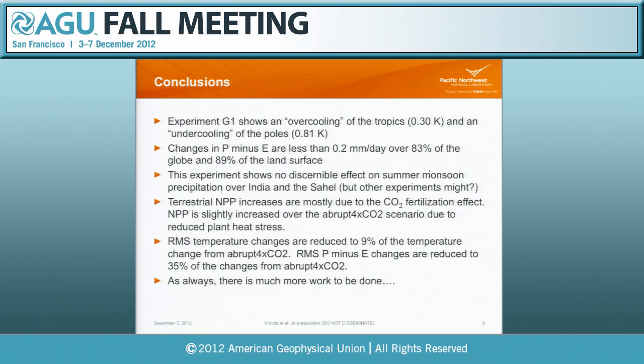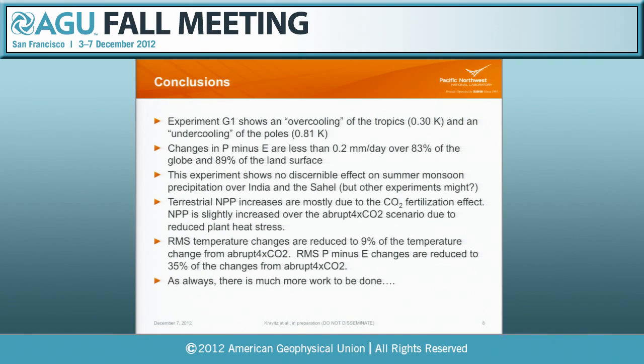So, just to wrap up, experiment G1 shows an overcooling of the tropics by about 0.3 of a degree and an undercooling of the poles on average by 0.81 Kelvin. Changes in P-E are pretty small over the vast majority of the globe.